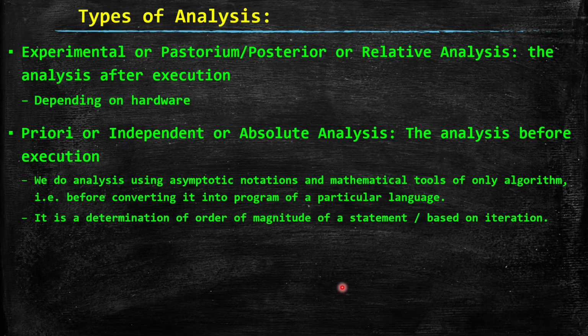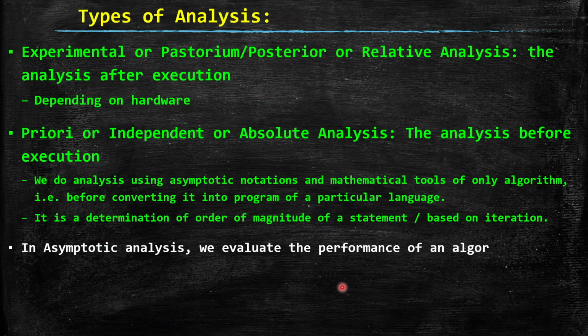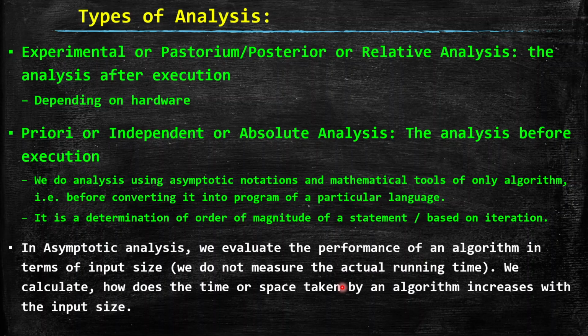It is the determination of the order of magnitude of all statements, or the iterations and loops: how many times it's looping, how many times it's executing. So finally we can conclude with asymptotic analysis. We evaluate the performance of an algorithm in terms of input size.